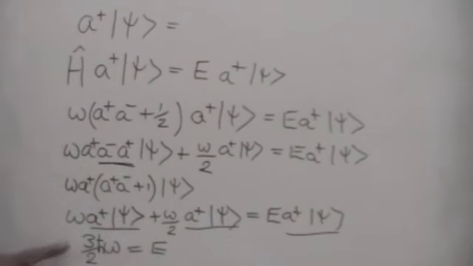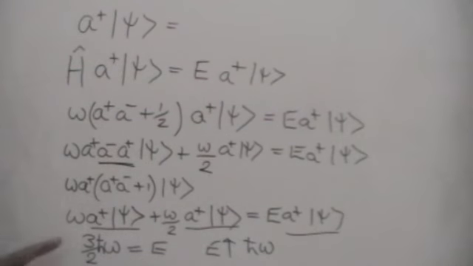So since we started with a half h bar omega, and we've now got 3 over 2 h bar omega, what that means is that we have increased the energy by h bar omega. So what A plus does is it increases the energy by a quantized amount of h bar omega.